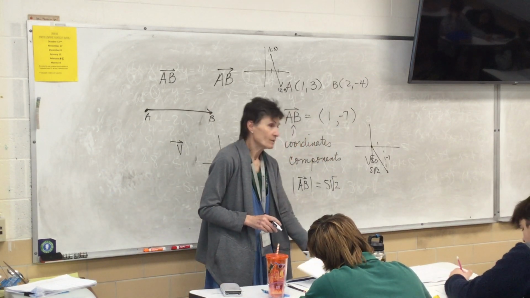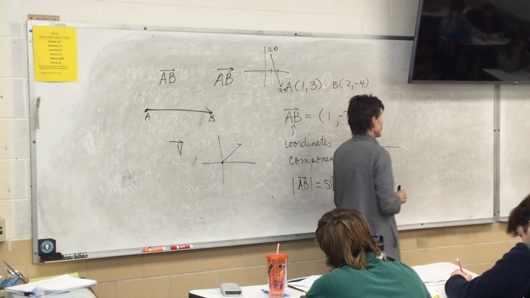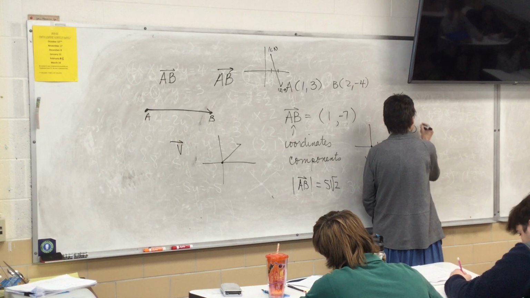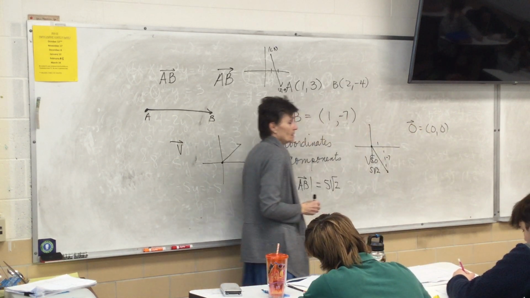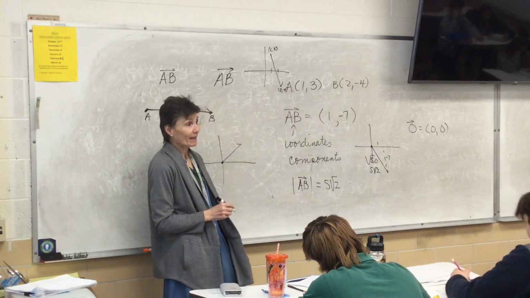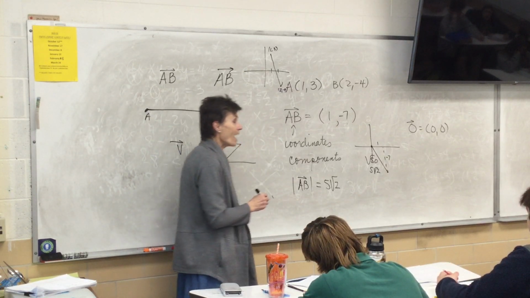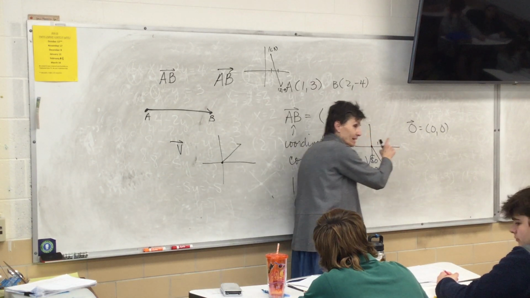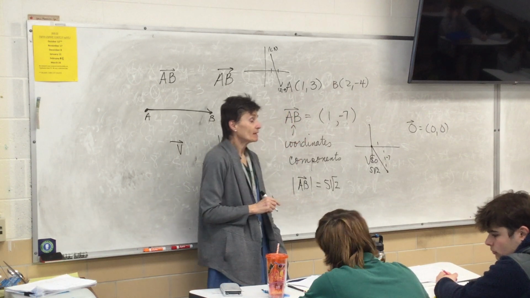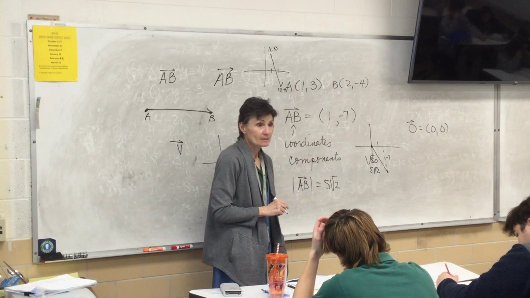The 0 or the null vector is the vector whose coordinates are 0, 0. Now this is one of those technical math points. That is really not a point. It's a vector, but it's a vector whose magnitude is 0.